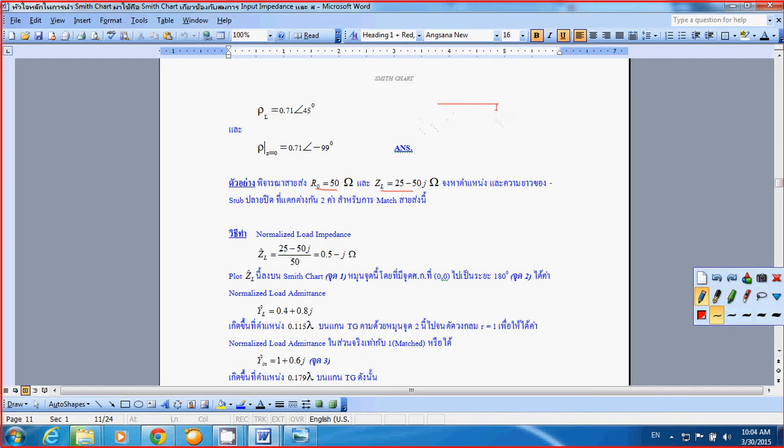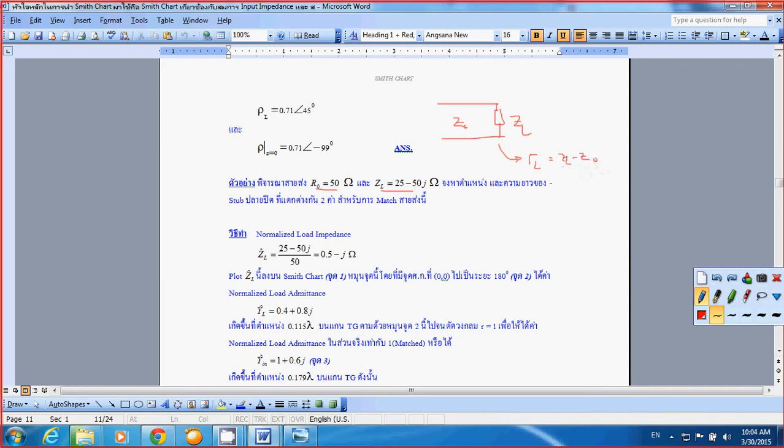In this case, you know that your transmission line is not matched. That means your ZL is not equal to Z0. Because you're going to have your reflection coefficient here be ZL minus Z0, right?